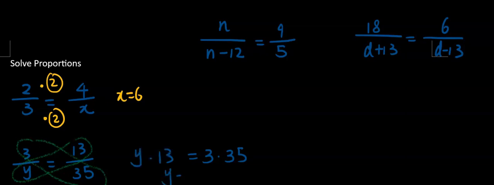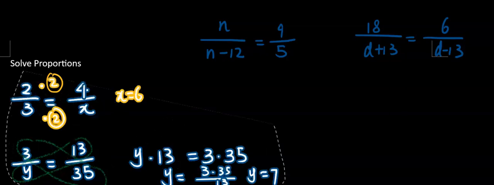And then you can solve it by 3 times 35 divided by 13. Okay? Did you have y is, let me see, I have 7. Okay? All right. Next one.